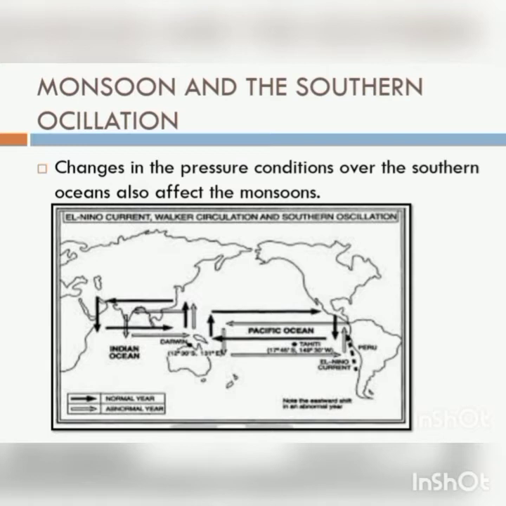But in the past few years, there is a reversal in the pressure condition and the eastern Pacific has low pressure in comparison to the eastern Indian Ocean. This periodic change in pressure condition is known as southern oscillation.